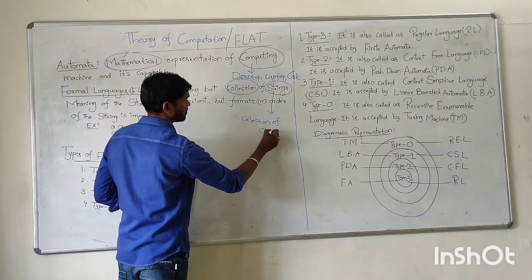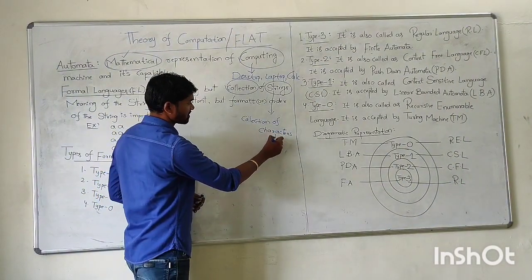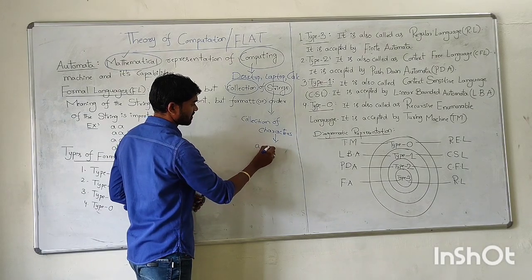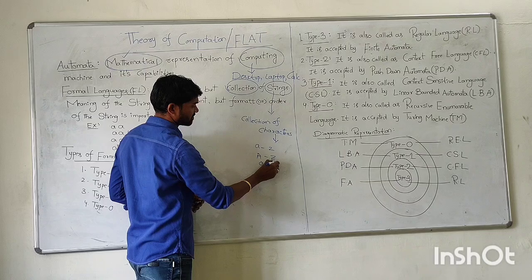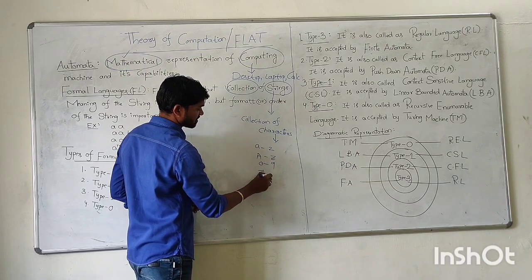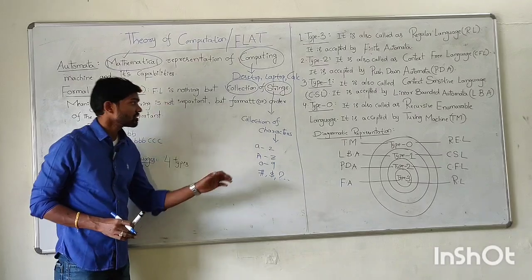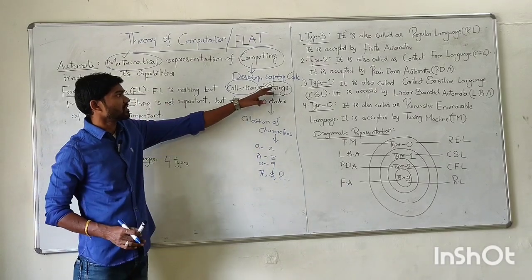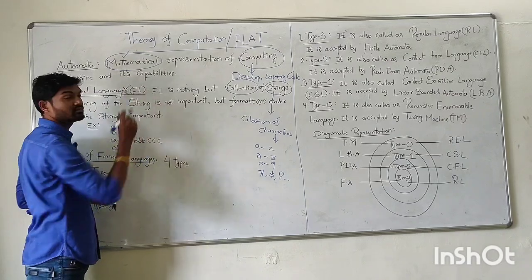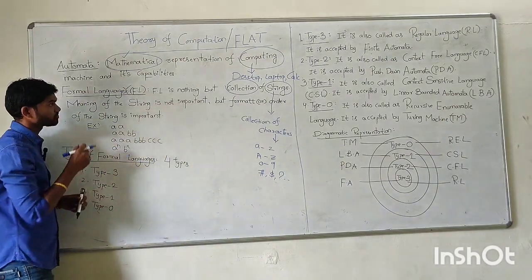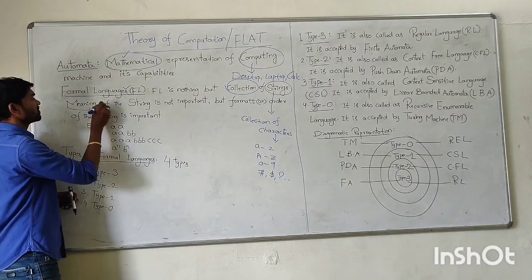What are characters? They may be small a to small z, capital A to capital Z, or numbers from 0 to 9, or special symbols like dollar or question mark, whatever it may be. A collection of these characters is called a string, and a collection of these strings is called a formal language.